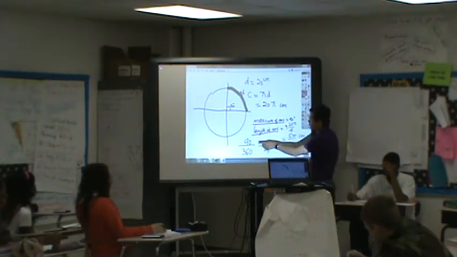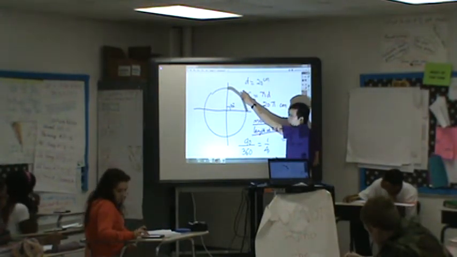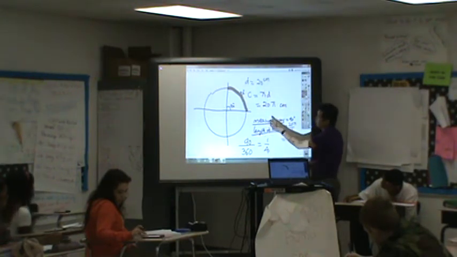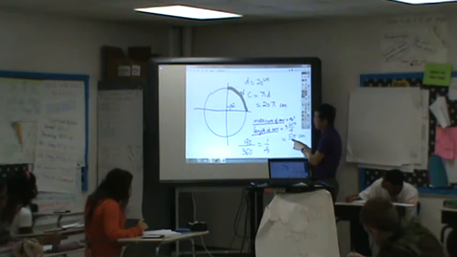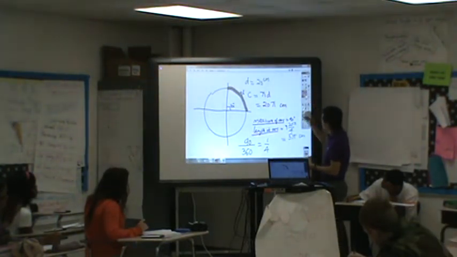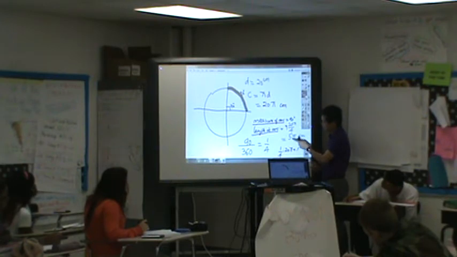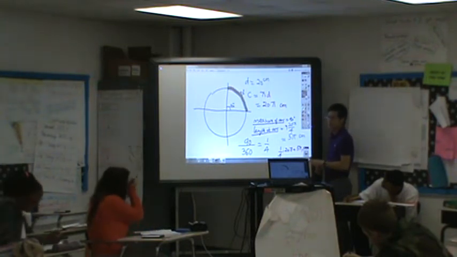So if I take the angle measurement or the arc measurement divided by 360, I will have the ratio that, when I multiply with the circumference, gives me 5 pi, right? If I take 1/4 and multiply with 20 pi, is it the same as 20 pi divided by 4? Yes, which is equal to 5 pi.